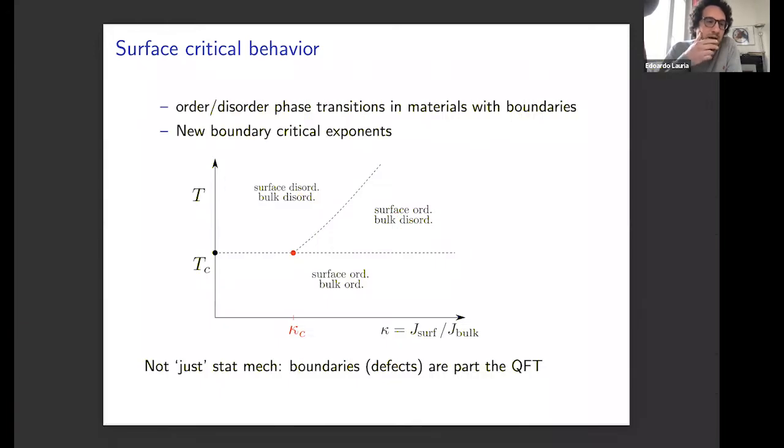These critical exponents are new in the sense that they are not inherited from the critical exponents in the bulk of the material away from the boundary.